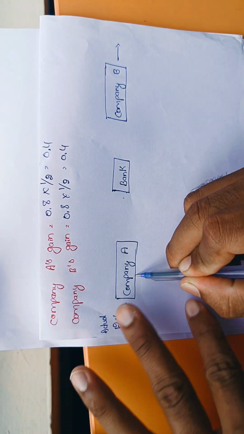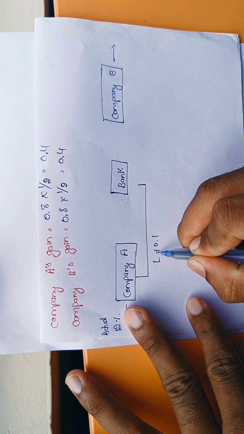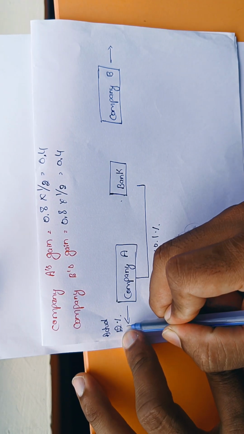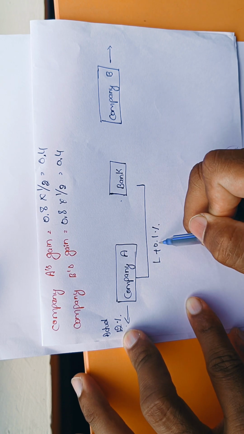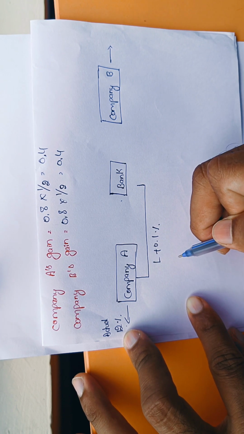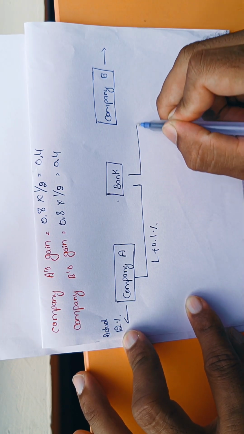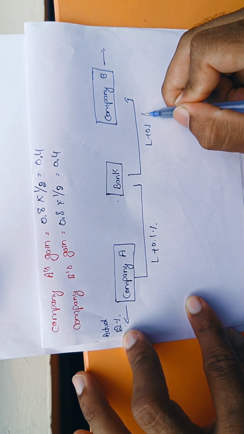It will send LIBOR plus 0.1% for bank. Company is actually paying 12%. It is fixed, but company wanted floating. What will it do? It will make an exchange with a bank. It will send to bank. What will the bank do? Without making any changes, it will send it to LIBOR plus 0.1%.